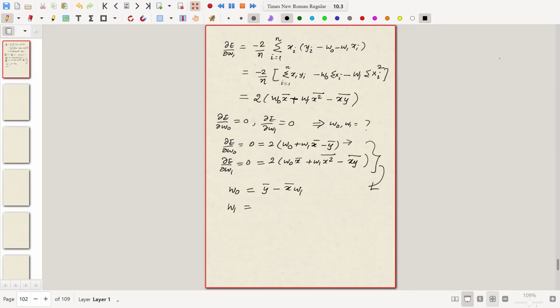So put this expression there and solve for W1. What is W1? Very nice expression.